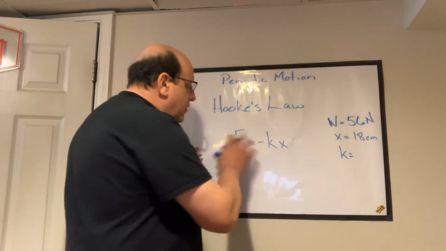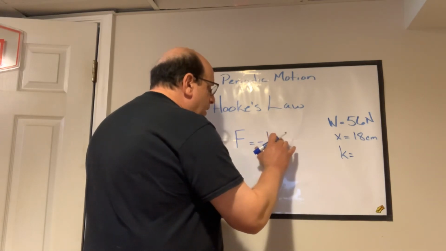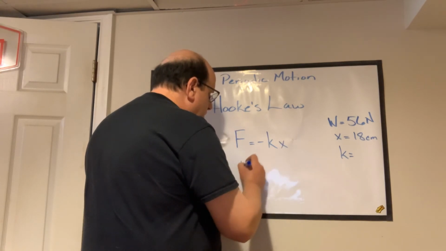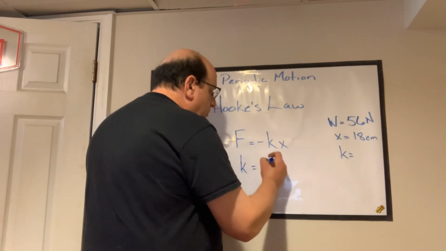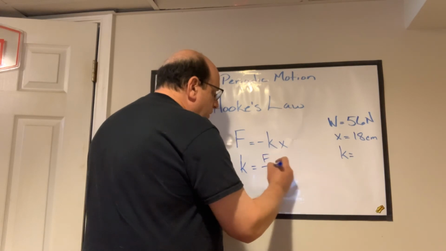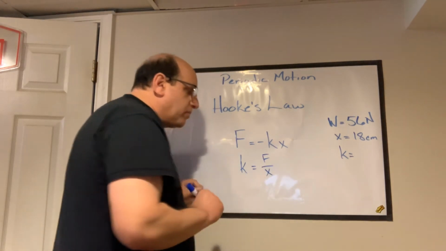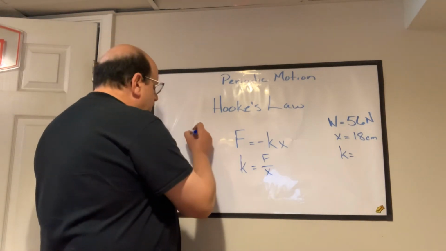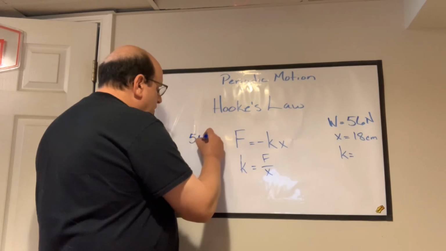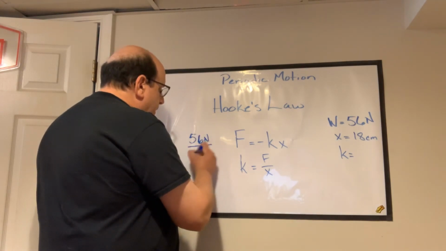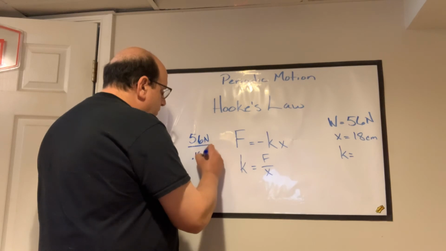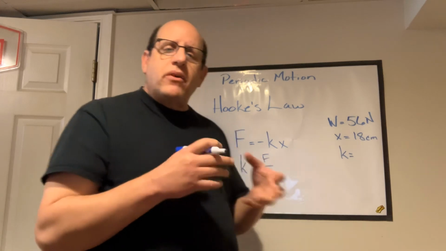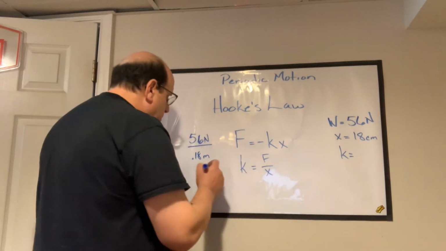We take this formula and we just have to solve for k. So k is equal to the force divided by the amount of displacement. It shows you in the text that if you take your 56 newtons and divide by your 0.18 meters, you'll get a spring constant of about 310 newtons per meter.